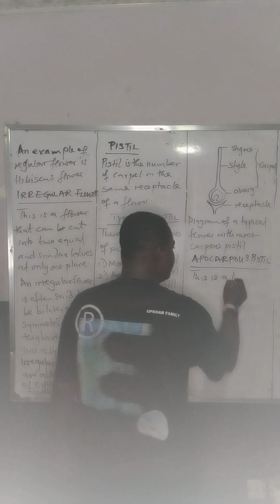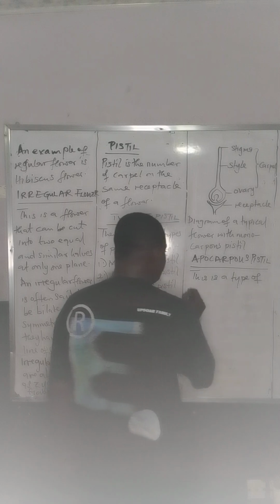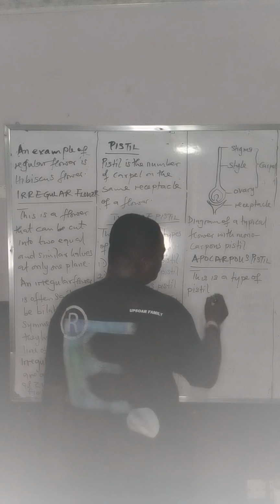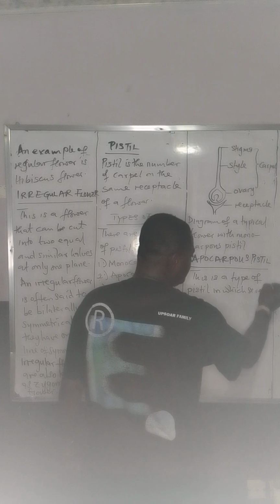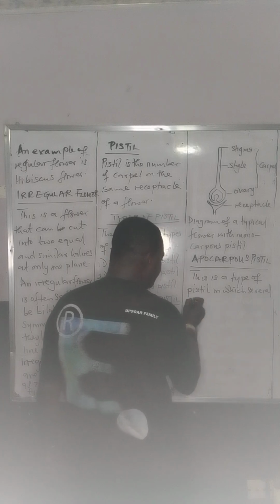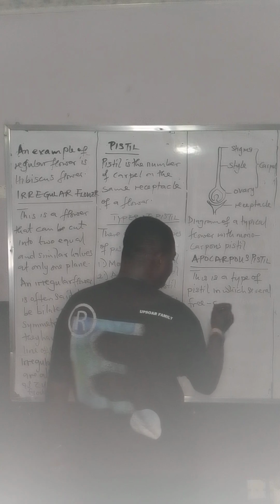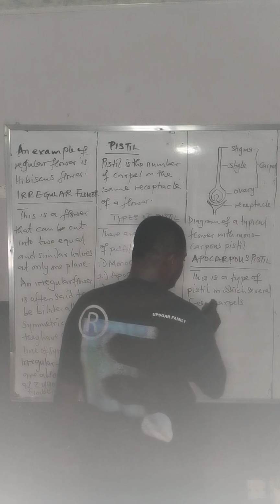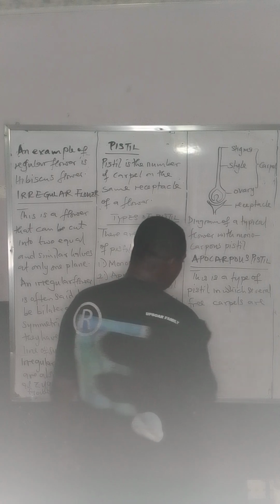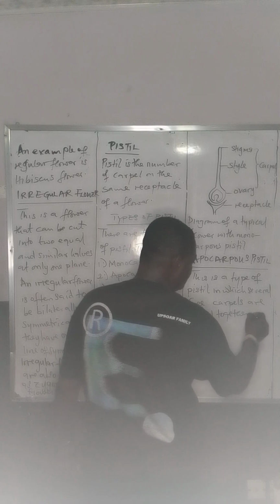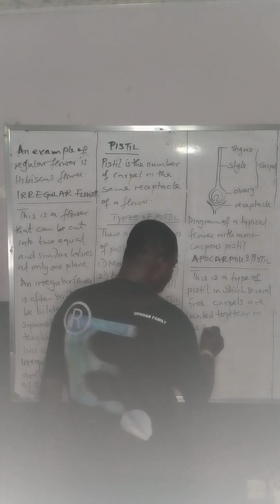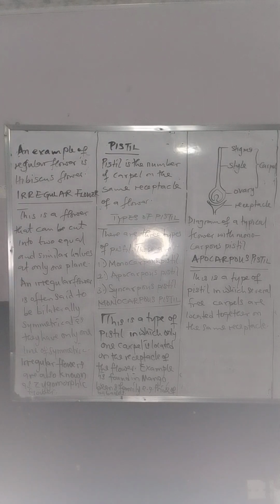This is a type of pistil in which several free carpels are located together on the same receptacle. Several carpels, more than one carpel, but they are not fused together.